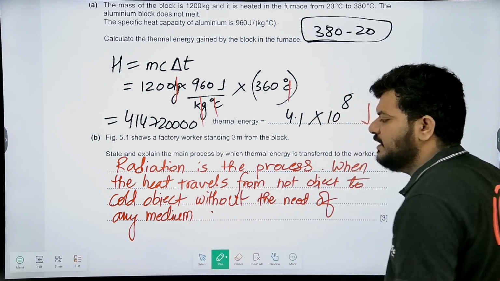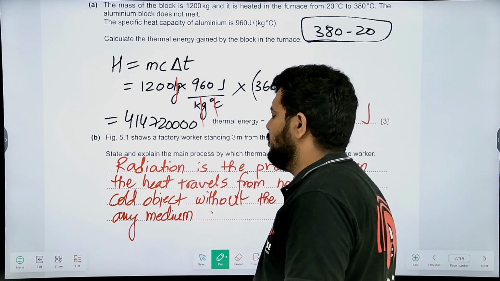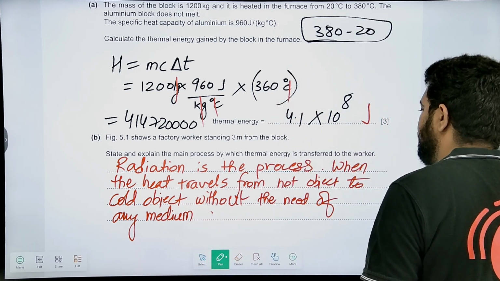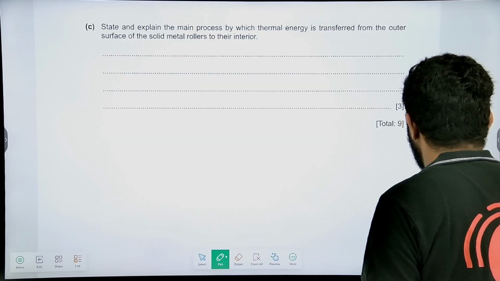You can add that he is standing far away, so no conduction or convection can take place, but that is already stated in the question, so I think this is okay.